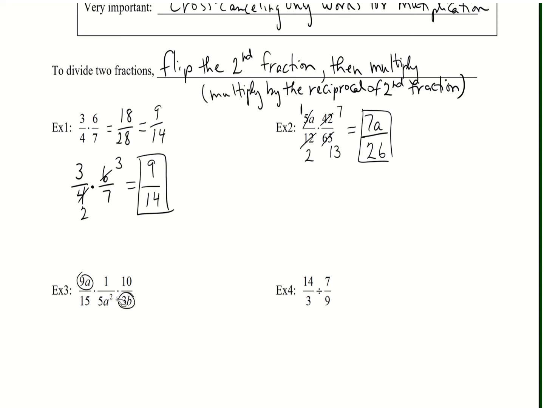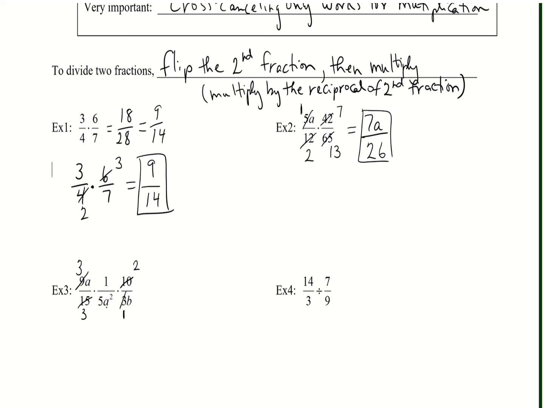So we can reduce 9 to 3: 9 divided by 3 is 3, and 3 divided by 3 is 1. And the 15 and the 10 will cross-cancel there, since both have factors of 5. 10 divided by 5 is 2, and 15 divided by 5 is 3.